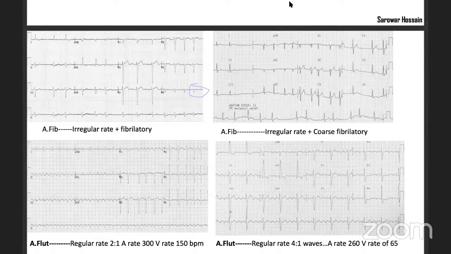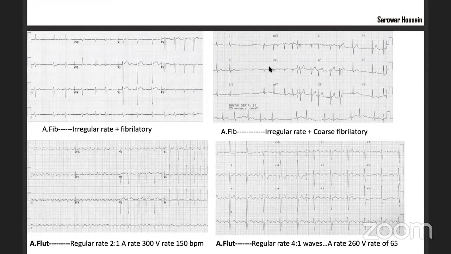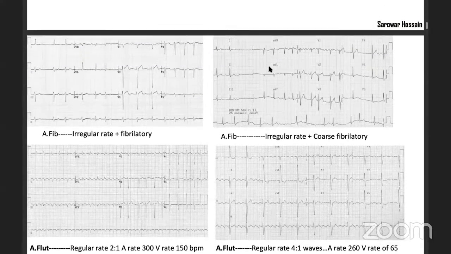No idea. Here, in fibrillatory, there's no baseline change only, whereas in coarse fibrillatory some baseline undulation is there. I don't know what exactly it means. If anybody knows, let them tell.